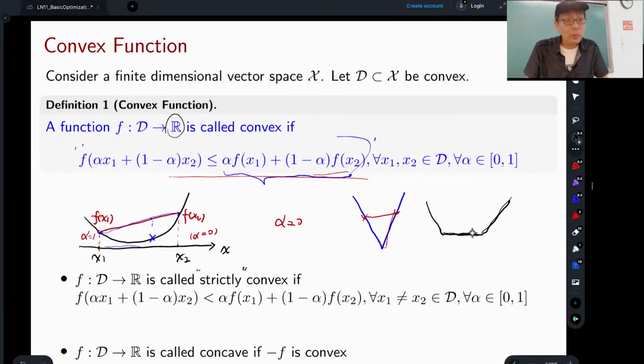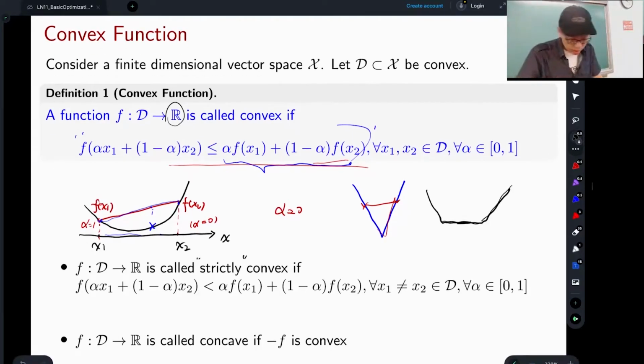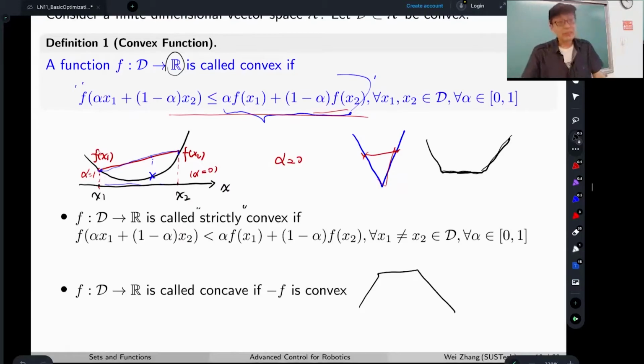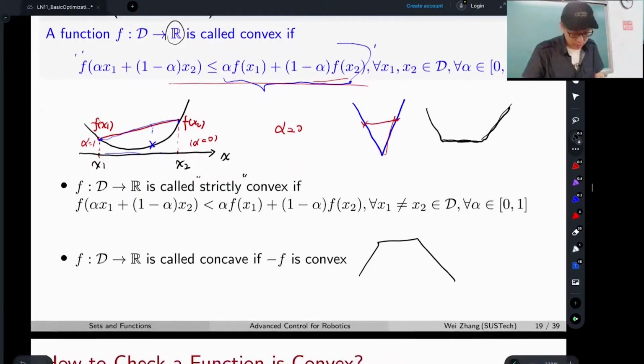You have a flat area for which these two sides are equal to each other. And a function is called concave if its negative is convex. So this guy will be concave. A convex function stays below the line segment, while a concave function stays above the line segment.